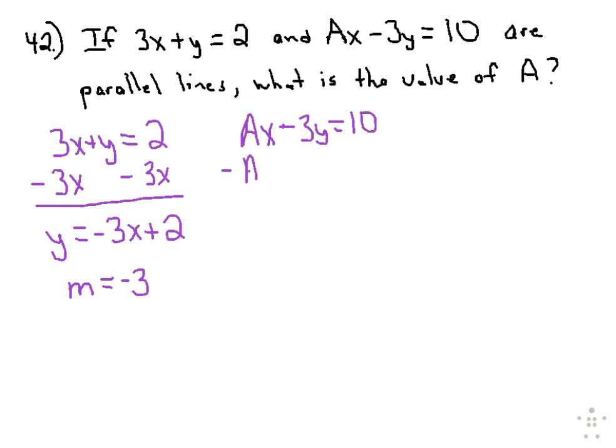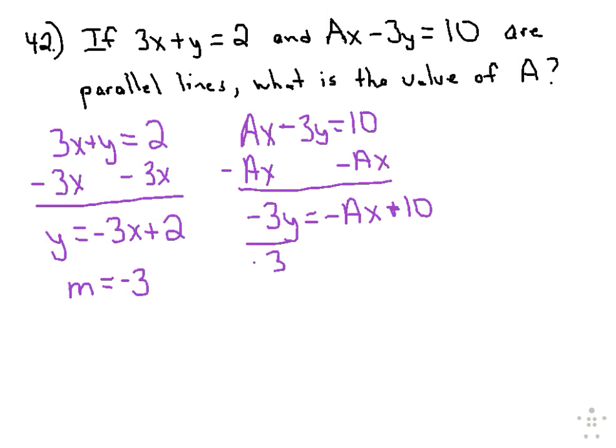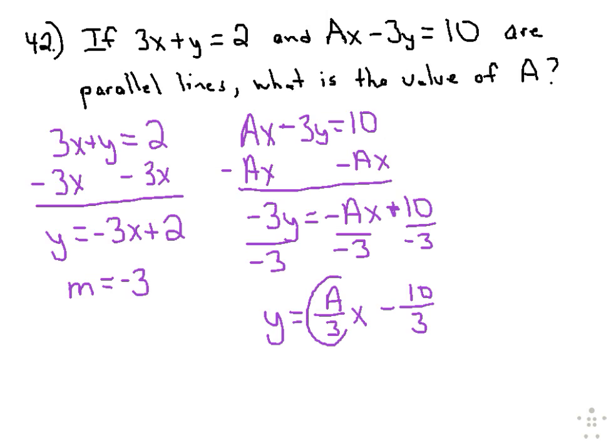So minus ax, minus ax, so I get negative 3y is equal to negative ax plus 10. Divide by negative 3, and I get y is equal to positive a over 3 x minus 10 thirds. Now what I need is, I know that this part has to be equal to this part.